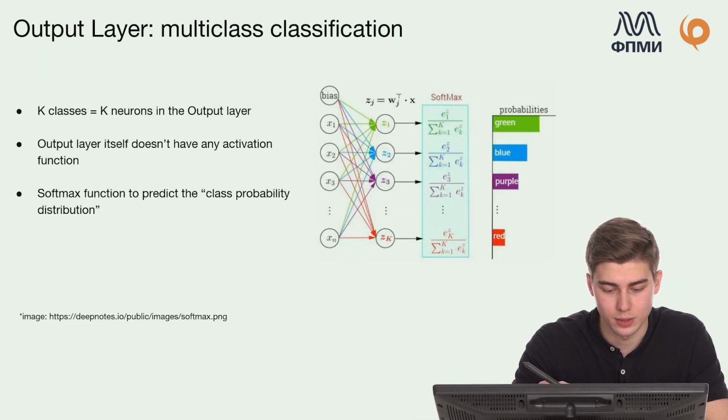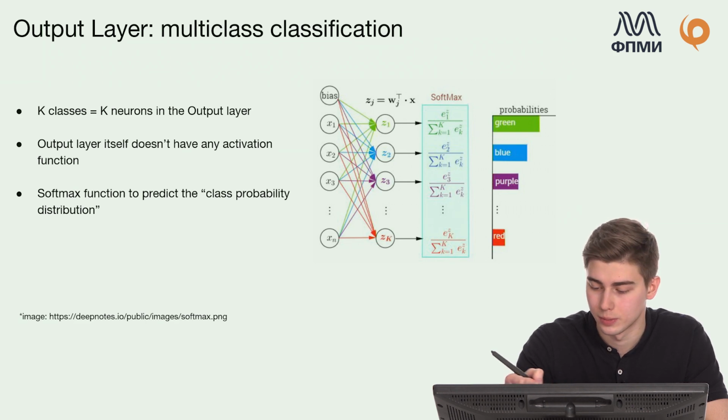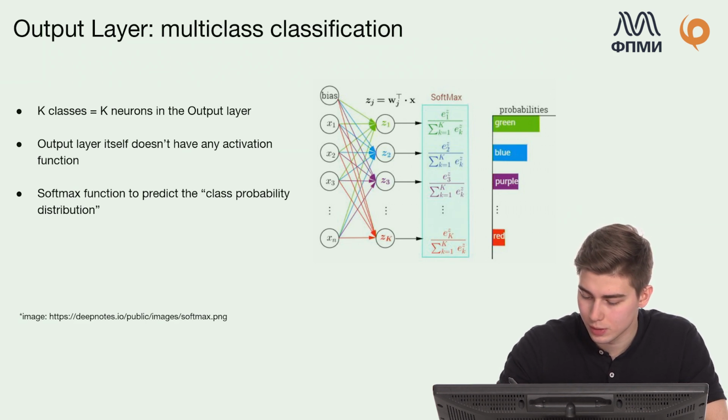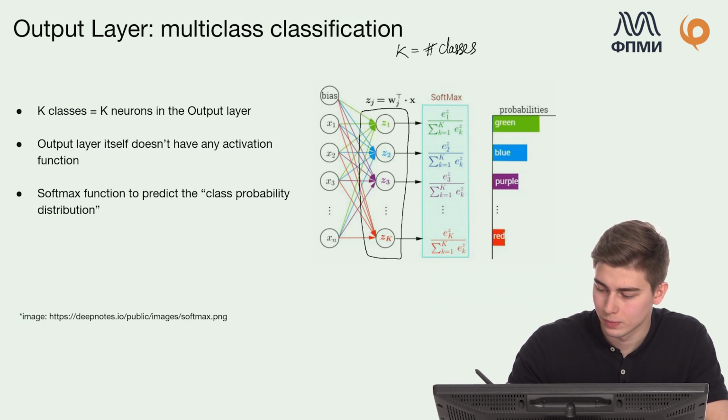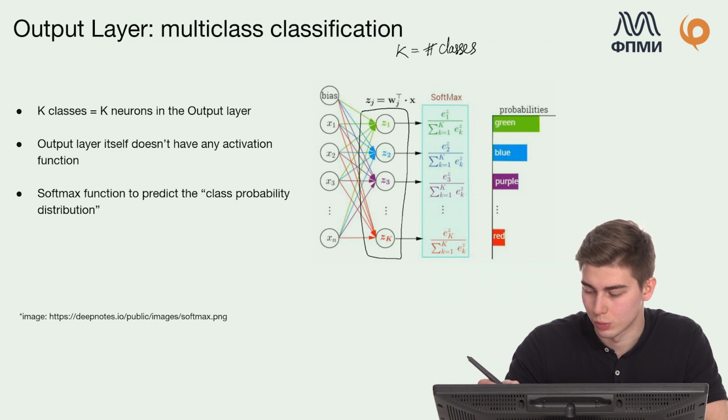So let's summarize the structure of the output layer. The output layer consists of k neurons, where k is the number of classes in our classification task. Each neuron outputs its own score, and then after the output layer we apply the Softmax activation function.